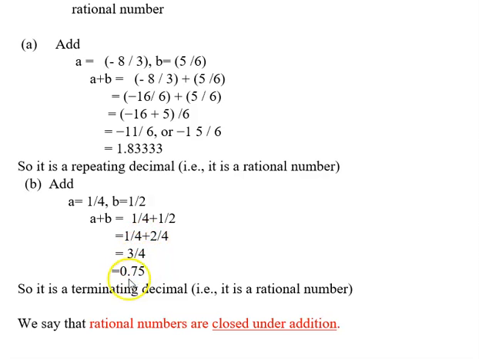So it's 3 by 4. The result is 0.75. Here it is a terminating decimal, the decimal ends. So this is a rational number. From these examples, we can conclude that if you add any two rational numbers, the result will also be a rational number. So we can say that rational numbers are closed under addition.